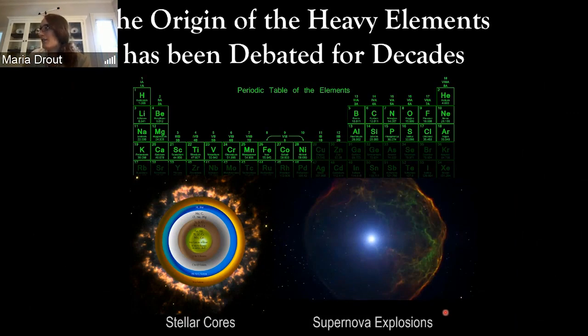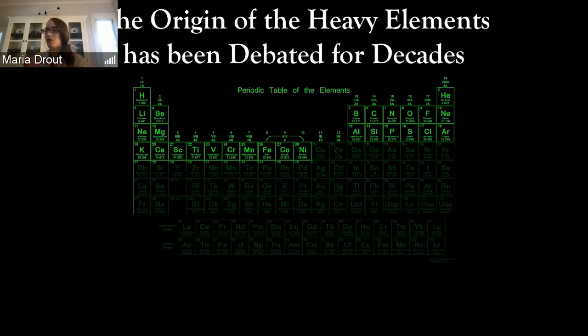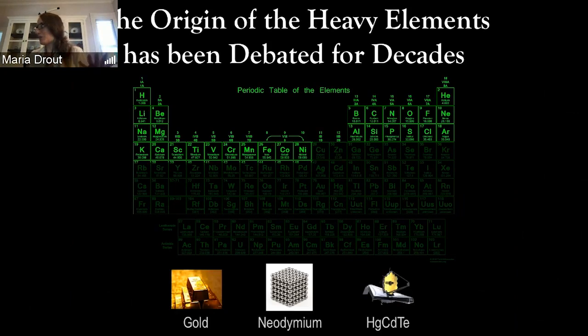However, that actually doesn't get us very far. If you look at the periodic table, there's still a ton of things in this grayed out region that I haven't mentioned yet. And a lot of these are very important. From the typical press release, I'm obliged to tell you that gold is involved in this. We don't actually know where gold comes from specifically, but there are also some other things that are very important in our daily lives.